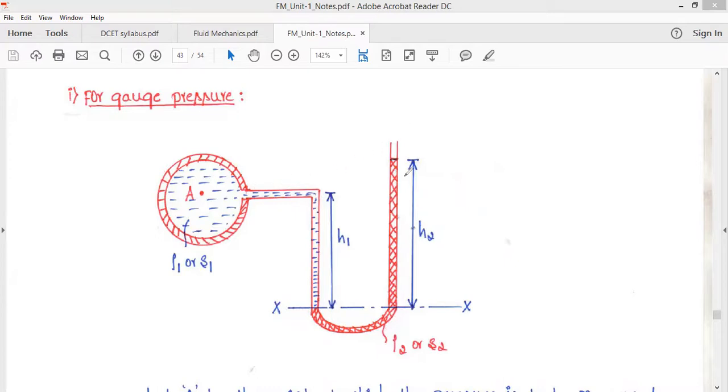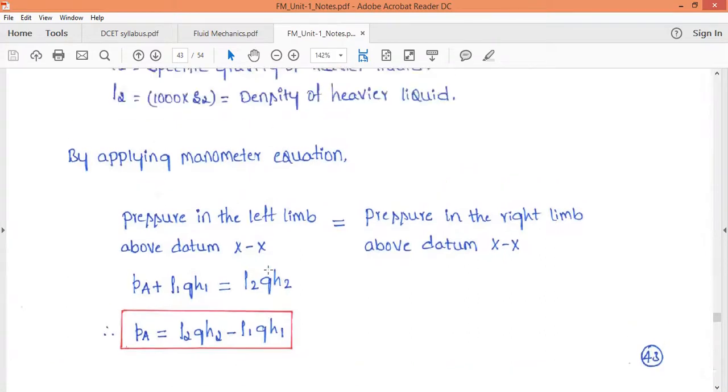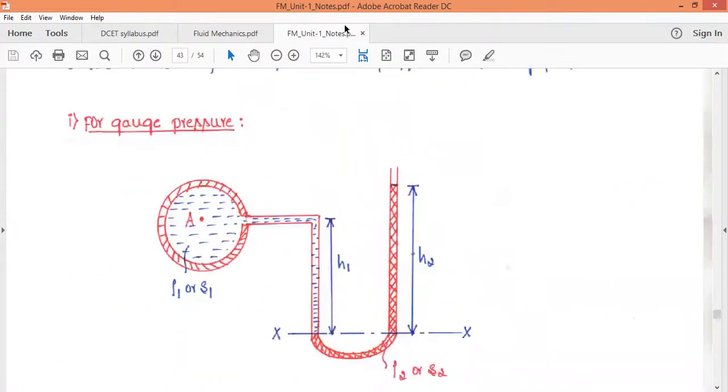Now, in order to calculate the pressure, we need to learn how to write the manometric equation. See here, this is the manometric equation. Pressure in the left limb above datum xx must be equal to pressure in the right limb above xx, meaning the xx axis.